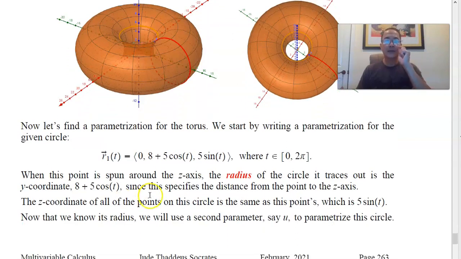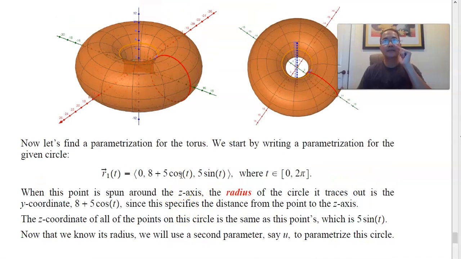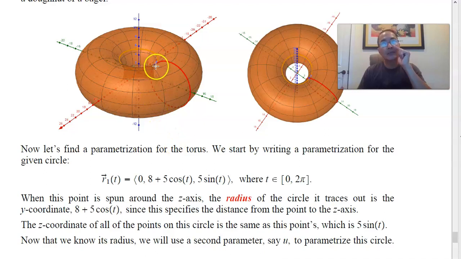Now what do we need? This point is being spun around the z-axis, and the radius is controlled by the y-coordinate. Here is that point, and you can still see the orange circle where that point spins around the z-axis. The distance from the z-axis is the y-coordinate of that point.